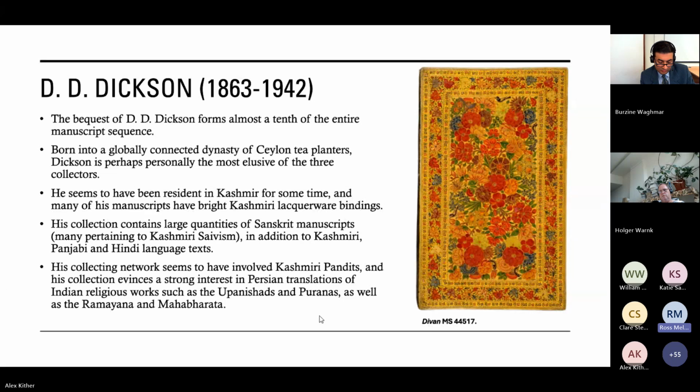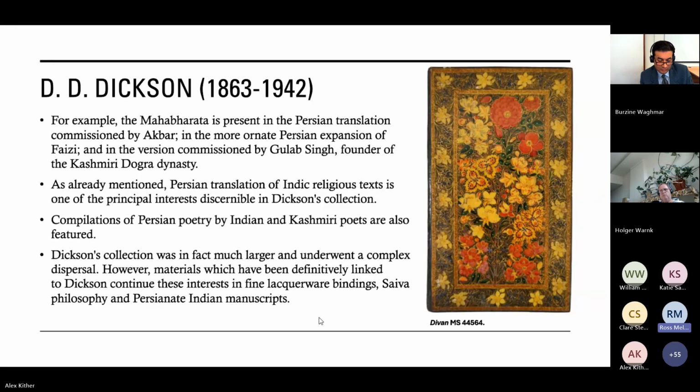Lots and lots of Persian translations of Indic religious works, the Upanishads, the Puranas, Ramayana, Mahabharata, etc. Just as an example, the Mahabharata is present in at least 3 iterations in Persian.